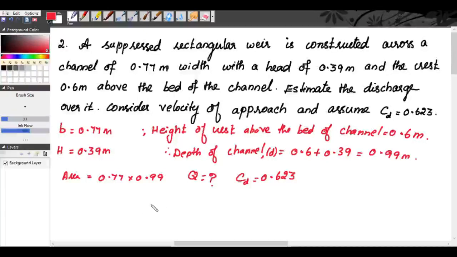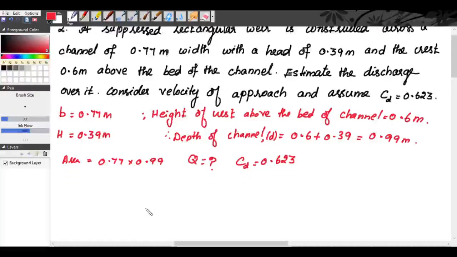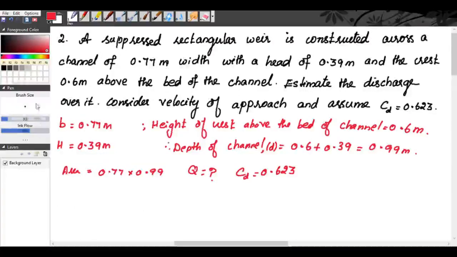So we know the formula for discharge. Q is equal to 2 by 3 CD into L into root of 2G into H raised to 3 by 2. Here, breadth of the channel is taken as the length of the weir. Length is not given separately.